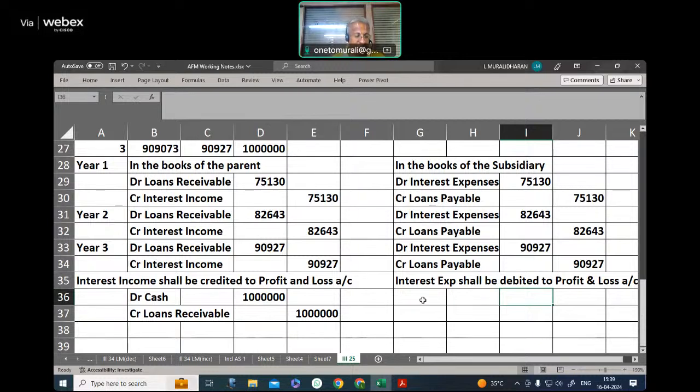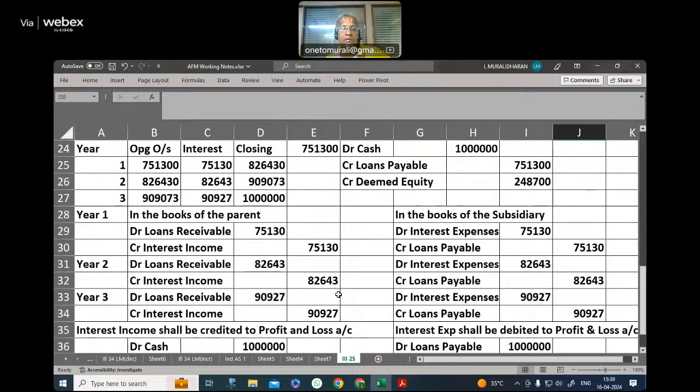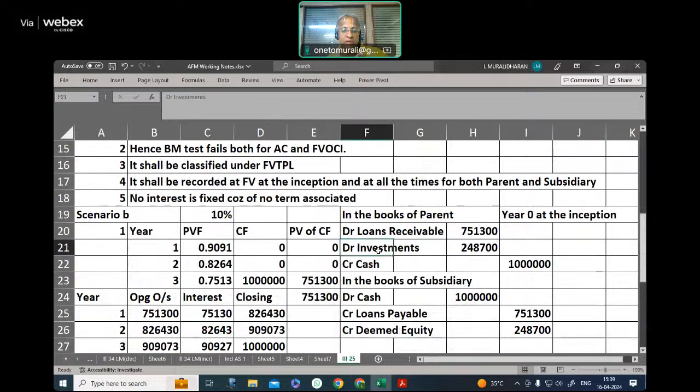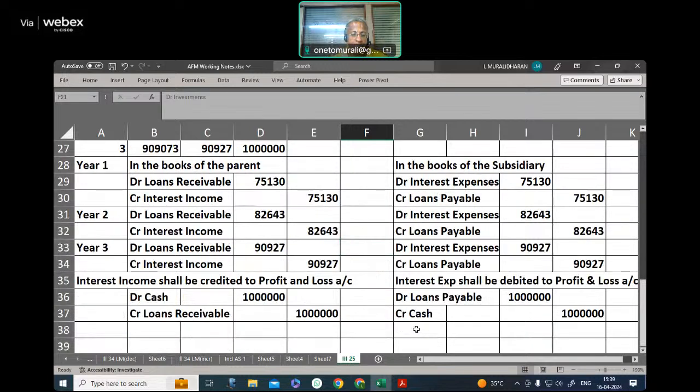And by that point of time, debit loans payable and credit cash. Correct? And deemed investments and deemed equity will automatically get eliminated in consolidation.